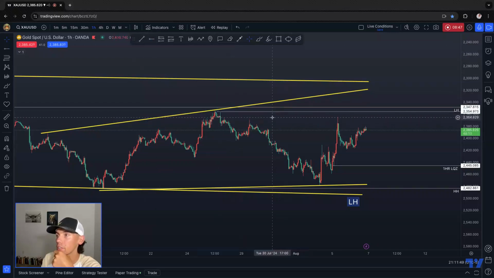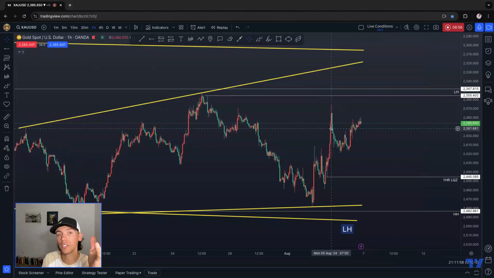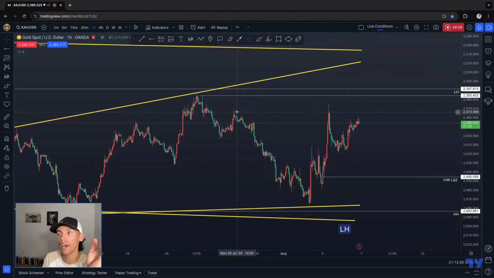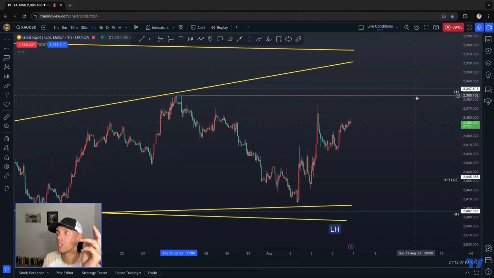Now that I inverted my chart, I see this area here. So we're going to go through this and mark this up live together, so that you can see what I'm looking at, what you should be looking at as well.